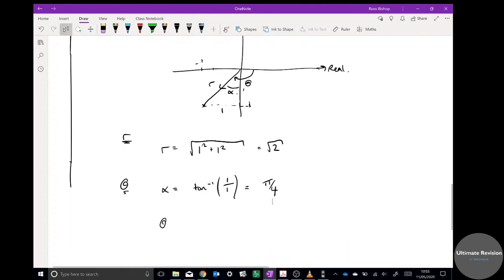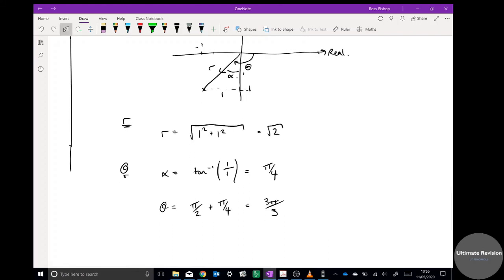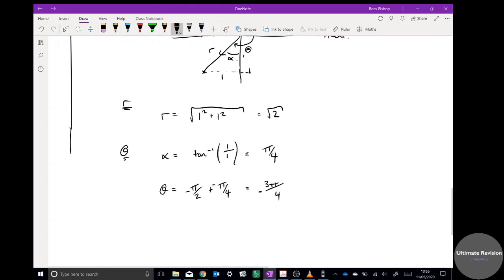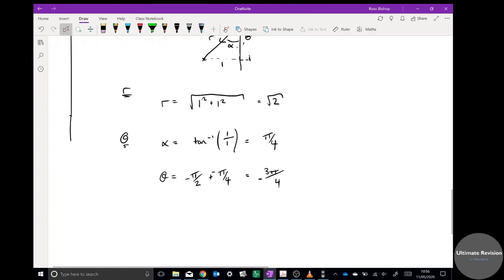So the whole of theta is going to be 90 degrees, which is pi over 2, plus pi over 4, which is going to be 3/4 pi, 3 pi over 4. Now just be careful, because it's the argument, it's actually going to be negative that, because we're going clockwise round. Now I've got r, now I've got theta.